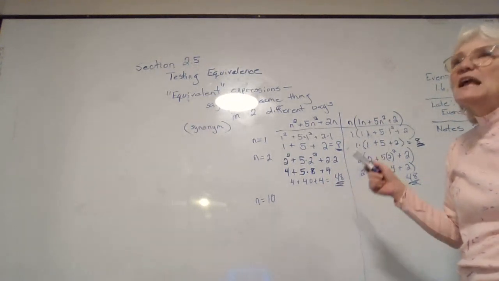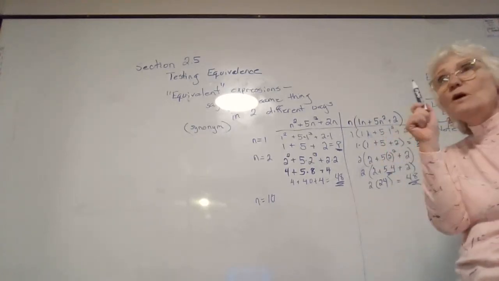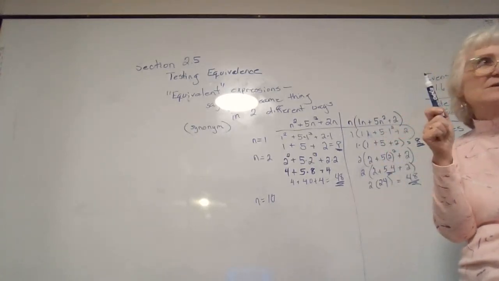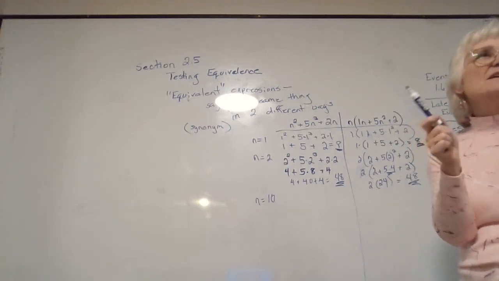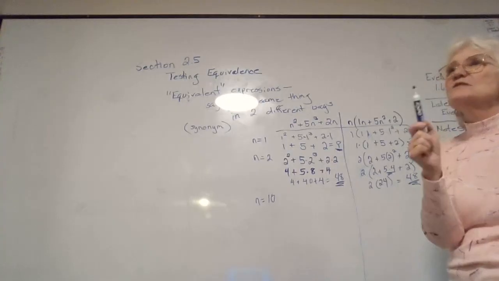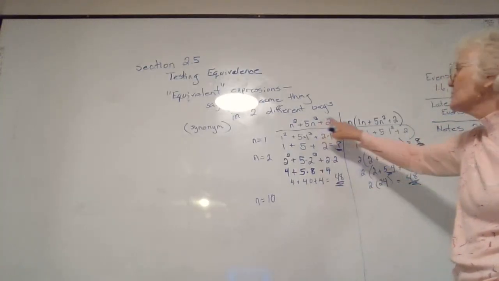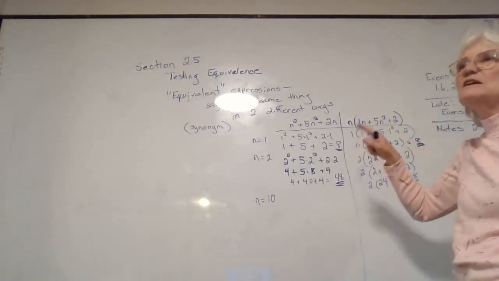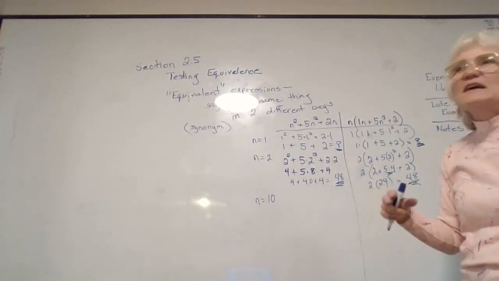If I find just one that doesn't work, then they're not equivalent. So they'll say, give me a counterexample. A counterexample is one that shows that when I put a number in here and put the same number in here, they don't equal the same. Does that make sense? So that's what you're looking for.